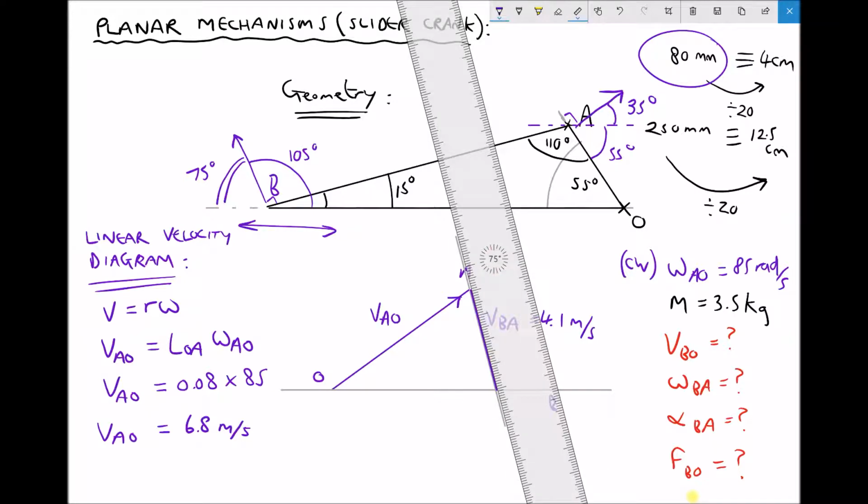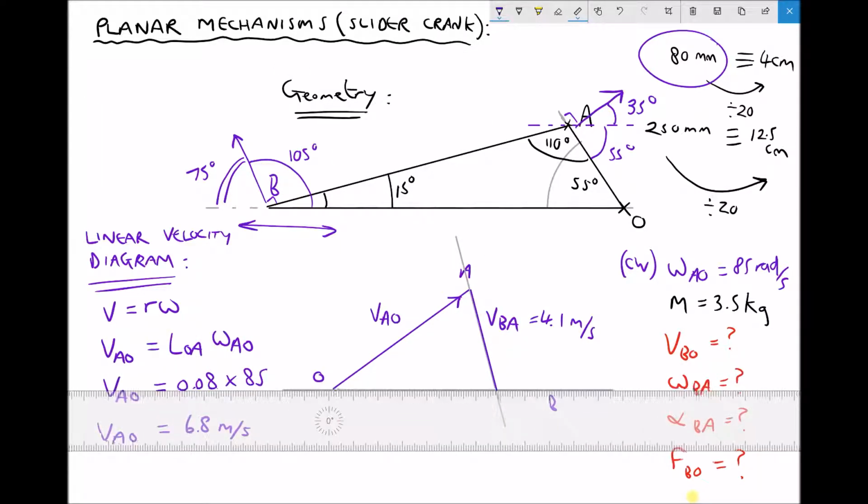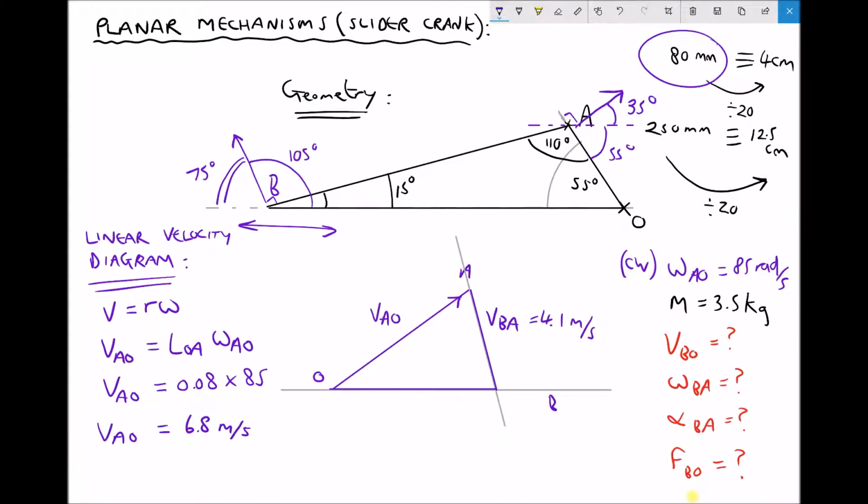And next, I can add on the velocity of B relative to O. The velocity of B relative to O is 6.7 centimetres, and 6.7 centimetres for the velocity of B relative to O is the same as 6.7 metres per second.